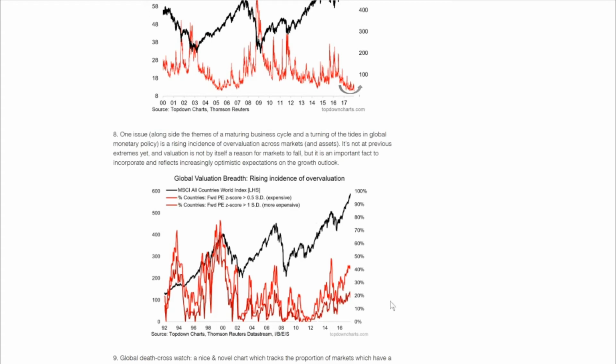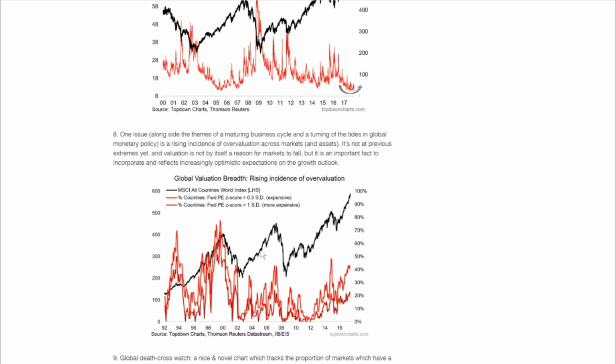higher than average. You can see that on both counts they're at pretty similar levels to what we reached in the final stages just before the financial crisis, and also just before the correction in late 2015, early 2016.